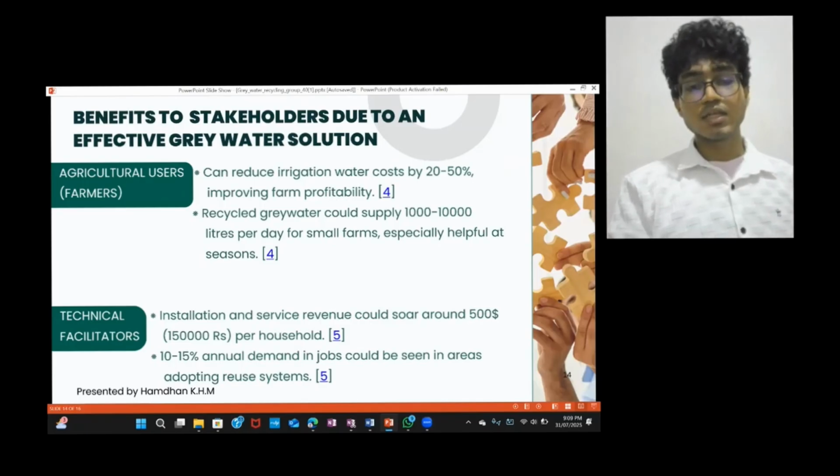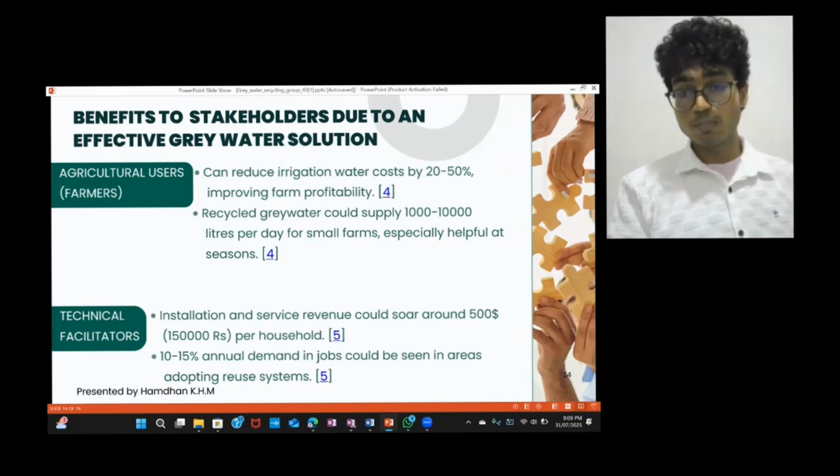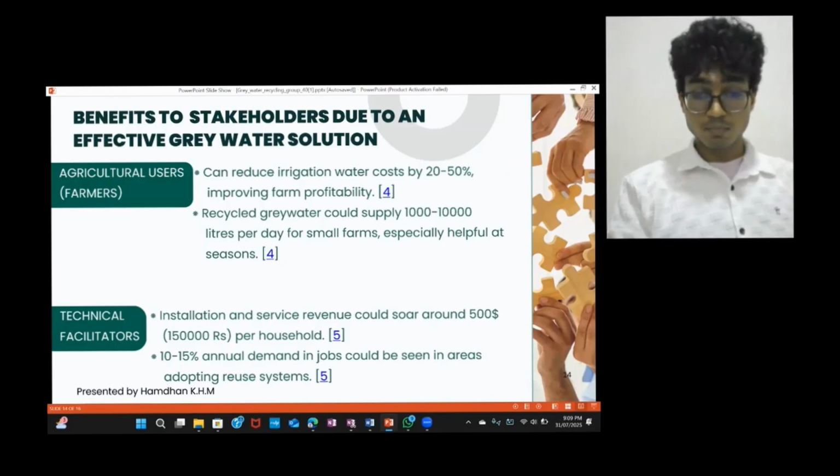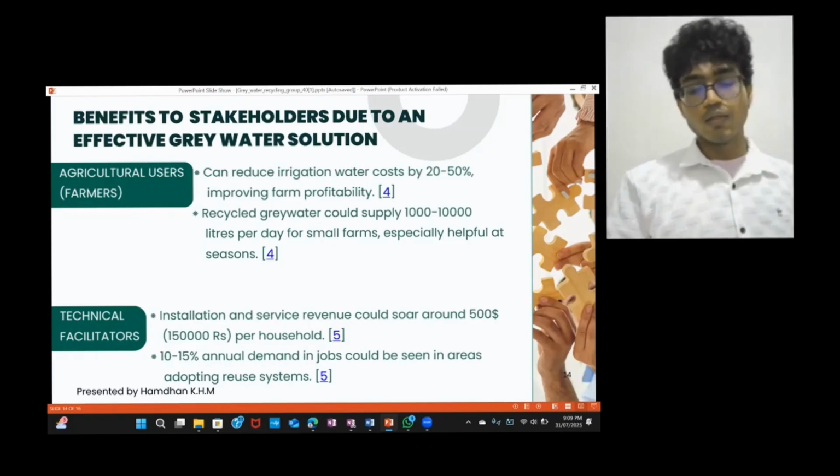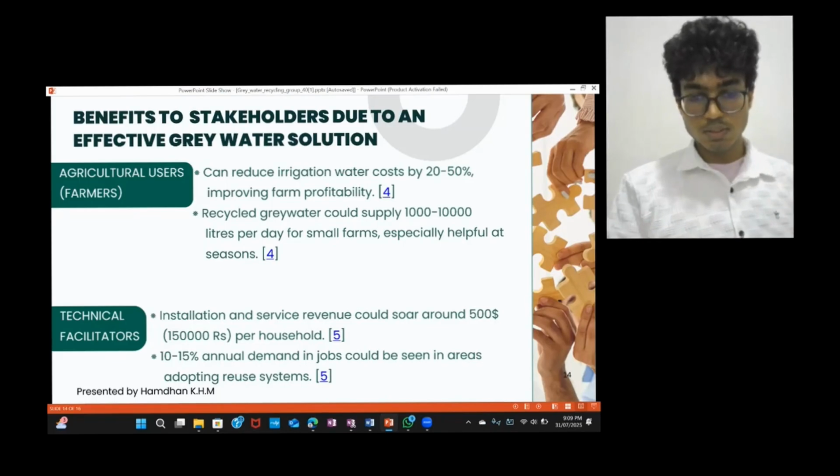The technical facilitators are another type of stakeholder who will see a huge improvement in their net income and also growth in the sector of technical facilitation. They can increase up to 10 to 50% according to the sources, which means more opportunities, more jobs, and more help for the people.